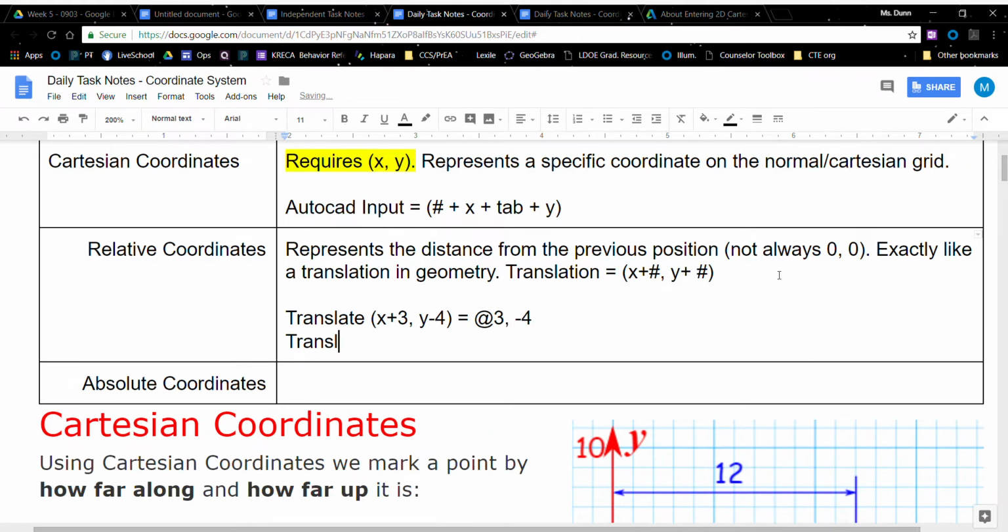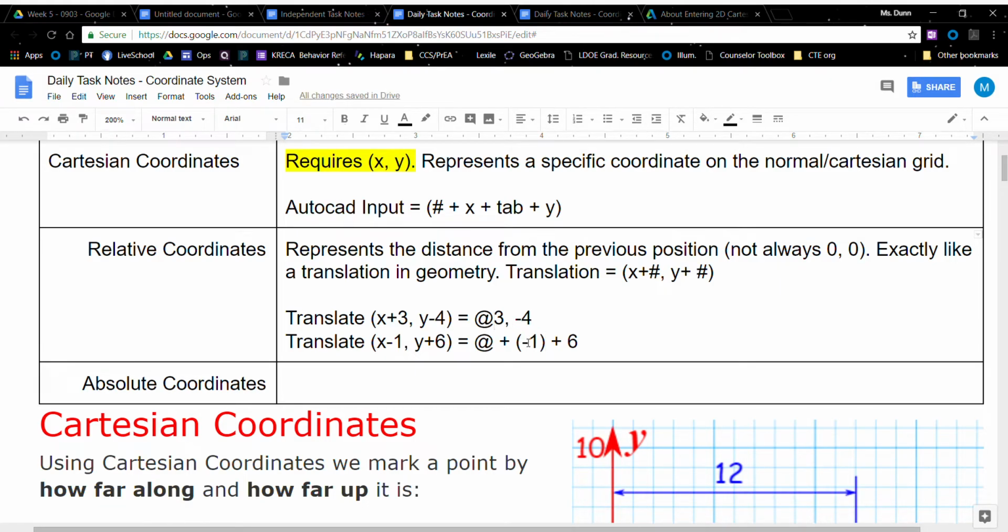Let's do another one. If I were to say translate x minus 1 and then y plus 6, right? What that's going to equal in AutoCAD is I'm going to hit the at sign. Then I'm going to say negative 1 and then positive 6. Put some parentheses around these if you need to know that that's separate.